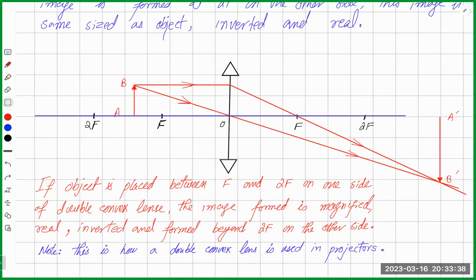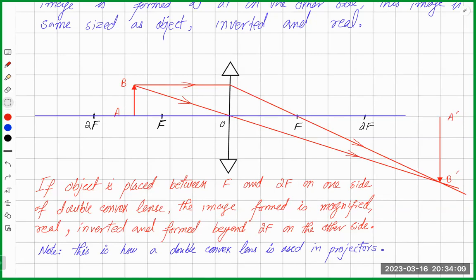It is inverted, upside down, larger than the object, magnified, and it is also real. So if we put an object between F and 2F, we get an image which is bigger, inverted, real, and formed far behind 2F.